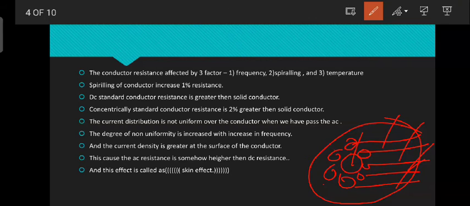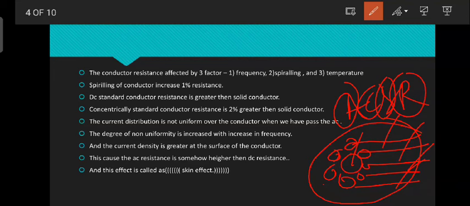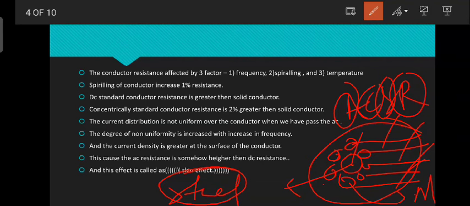Stranded conductors like ACSR, that is aluminum conductor steel reinforced, have a steel conductor in the middle portion, and the outside conductors are aluminum. Remember that the outside conductors are aluminum.